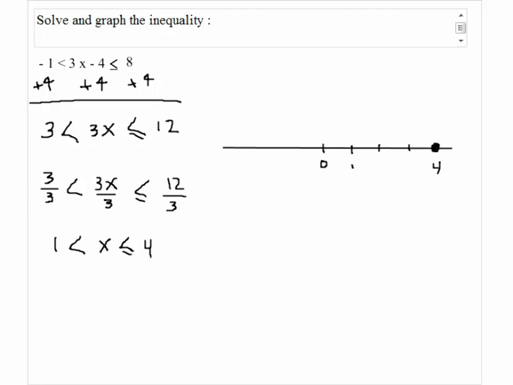And we're going to include 4 because it says equal to, but we're not going to include 1. Use a hole here, and all the numbers in between would be included. So all the numbers between 4 and 1, including 4, excluding 1, would be the solution.